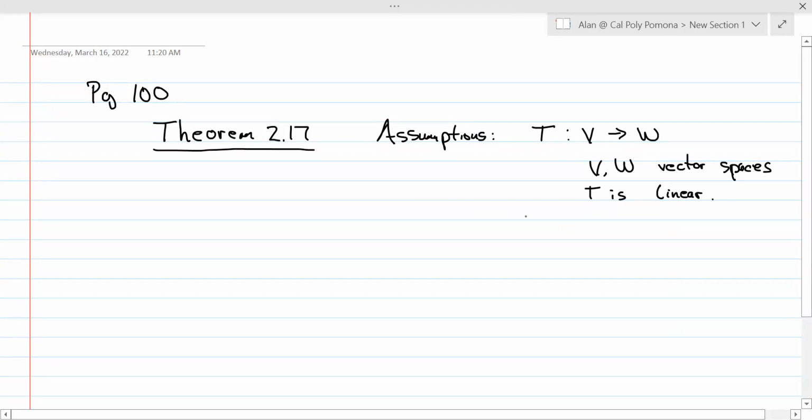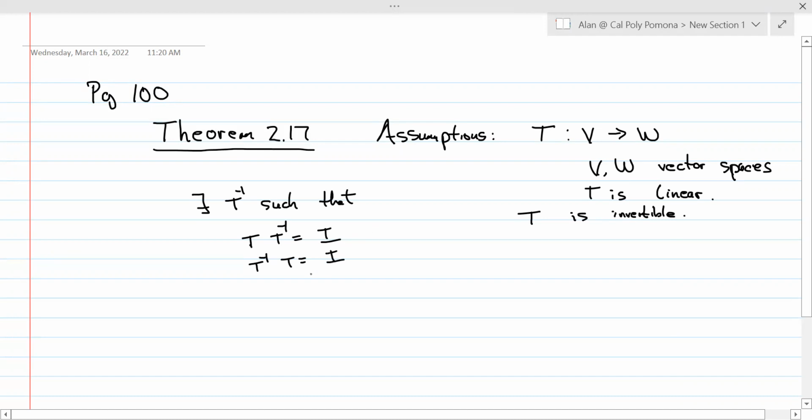So we also assume T is invertible, which means what? For us at this point, that means there exists a T inverse such that if you take T inverse T, you come up with the identity operator for the relevant space.